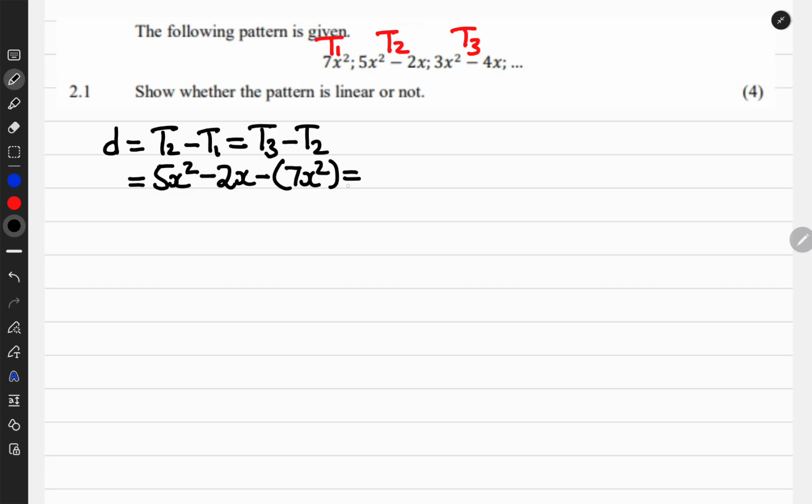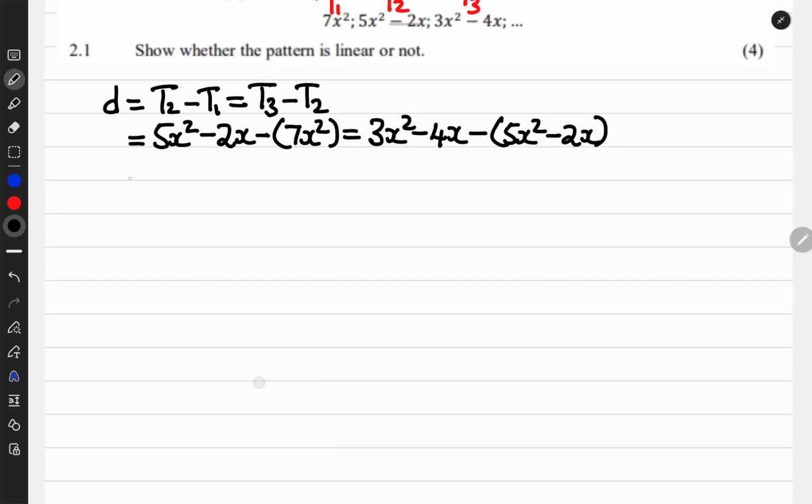Then T3, what is it? It's 3x squared minus 4x. Then you've got T2 as your 5x squared minus 2x. Let's check there.